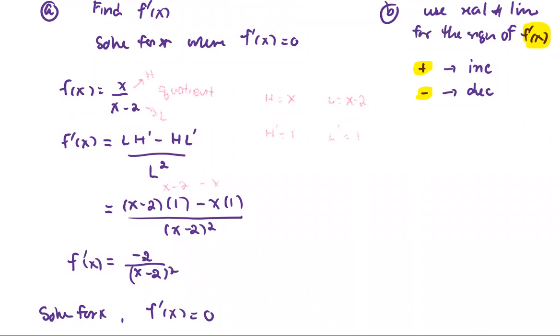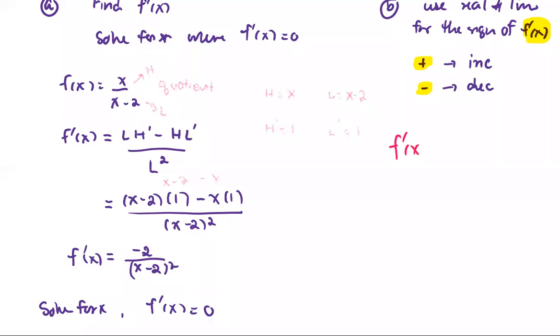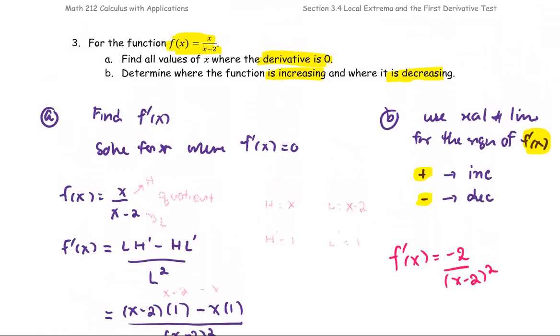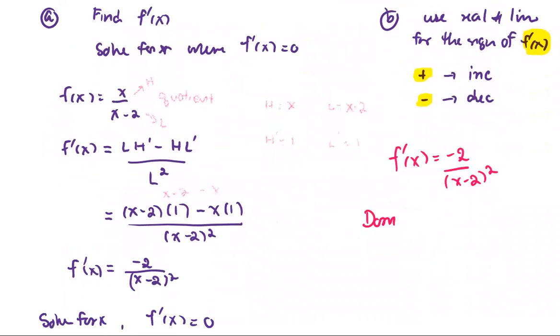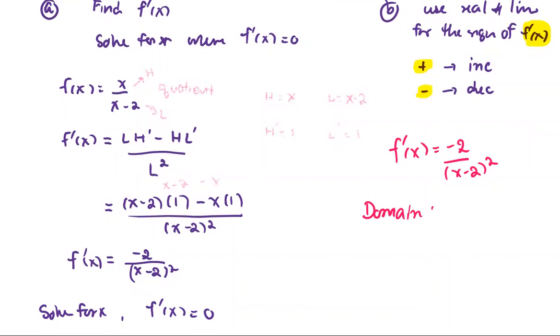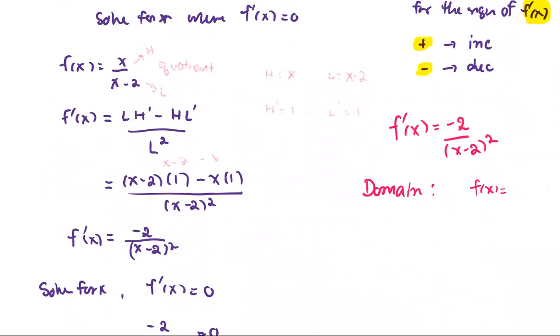From what we have, the f prime is negative 2 divided by the quantity x minus 2 squared. For the domain, since the function is in the form of x divided by x minus 2, that means x cannot be 2.